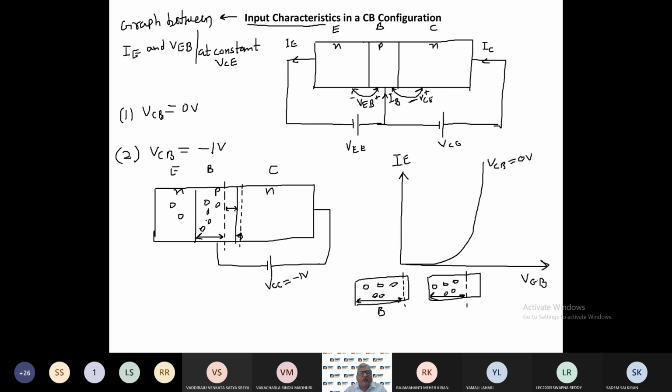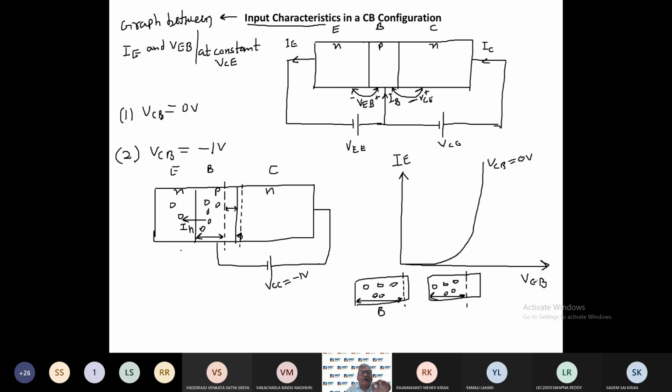Now since the concentration of holes in the base increased, due to the concentration gradient, as I already told you earlier, holes will move from high concentration to lower concentration. This movement will increase, and this movement of holes is causing the hole current.